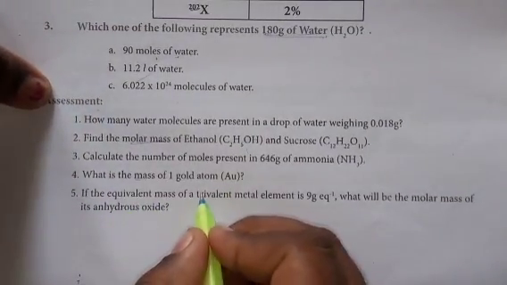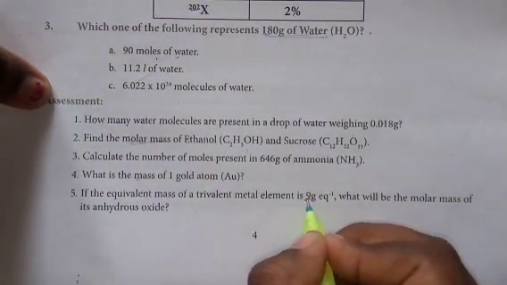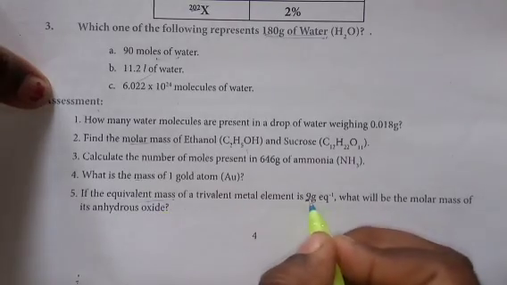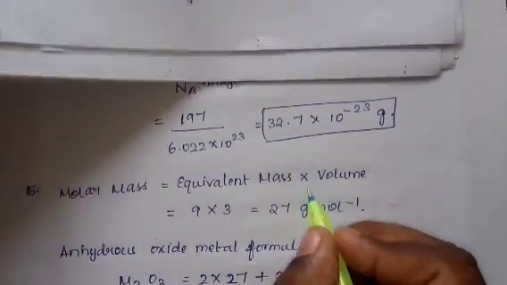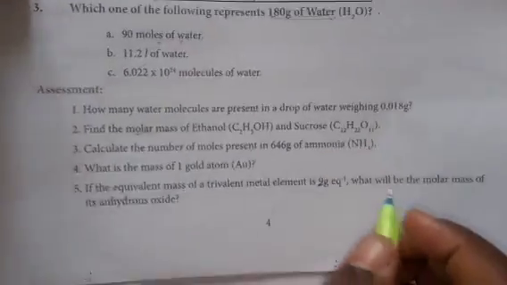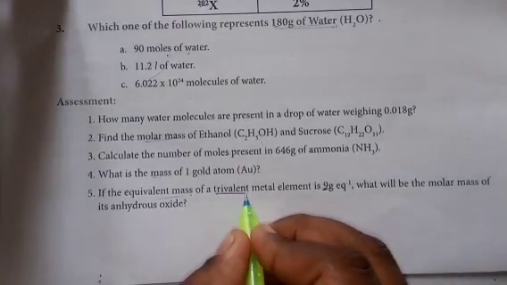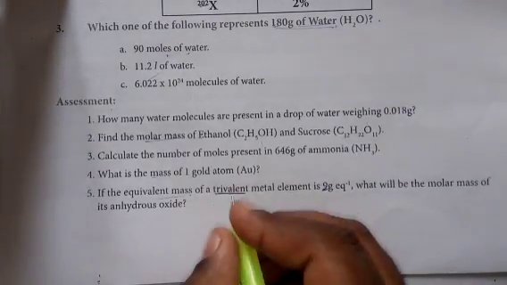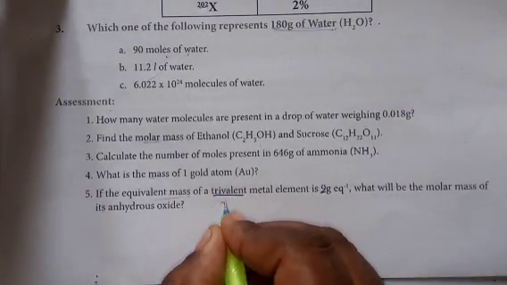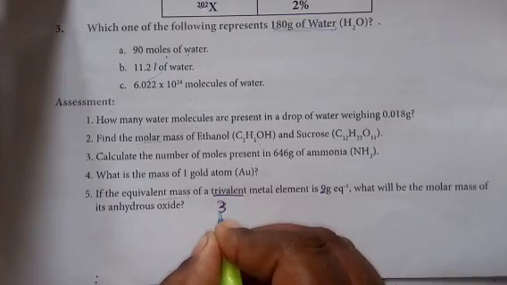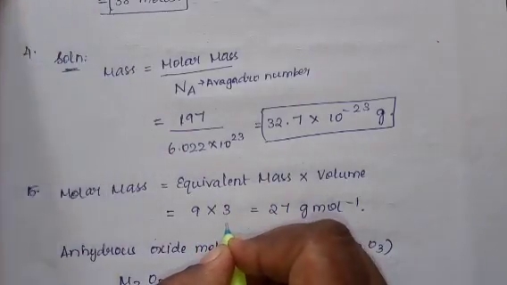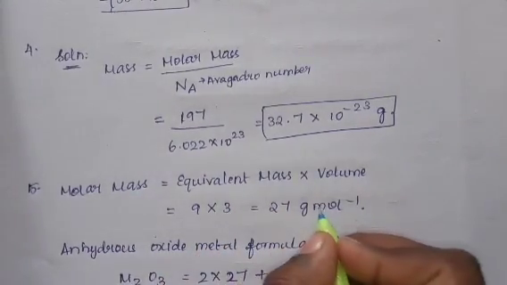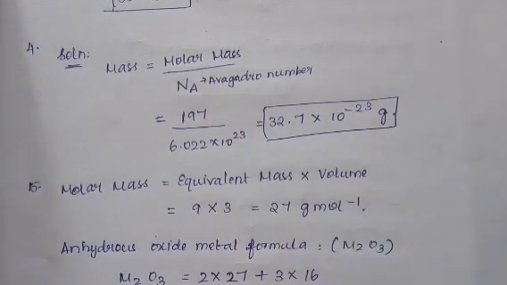Trivalent means 3. Tri means 3. So 9 into 3 is equal to 27 gram mole power minus 1.